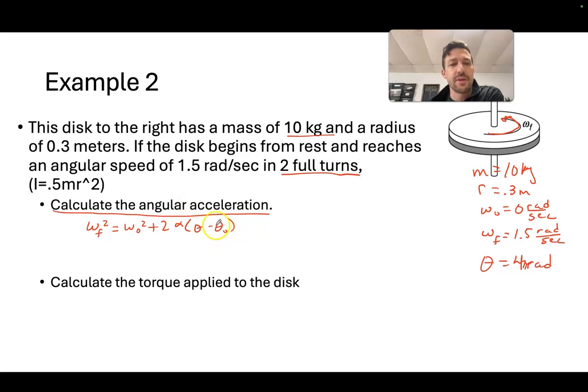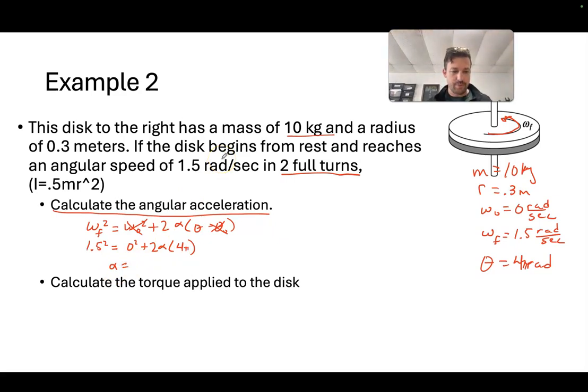Theta naught being 0, so you can ignore that. Let's plug these in. So 1.5 squared equals 0 squared, because it starts from rest, plus 2 alpha, which is what we're looking for, times 4 pi.